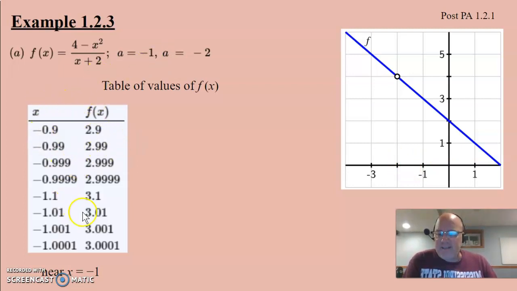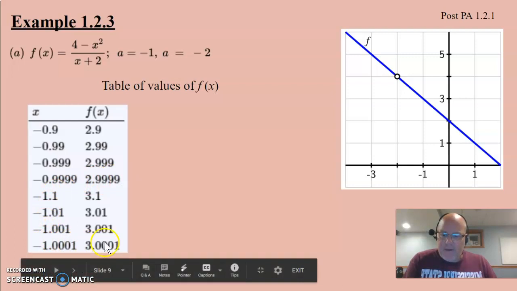And when we do this on a table of values, which we discussed in class, on how to do this on your calculator, we can see that, and I'm going to highlight this line right here, as I get infinitely close to -1 from the right-hand side, the output is approaching 2.99999, which we're just going to call 3. And I'm going to look at this value down here.